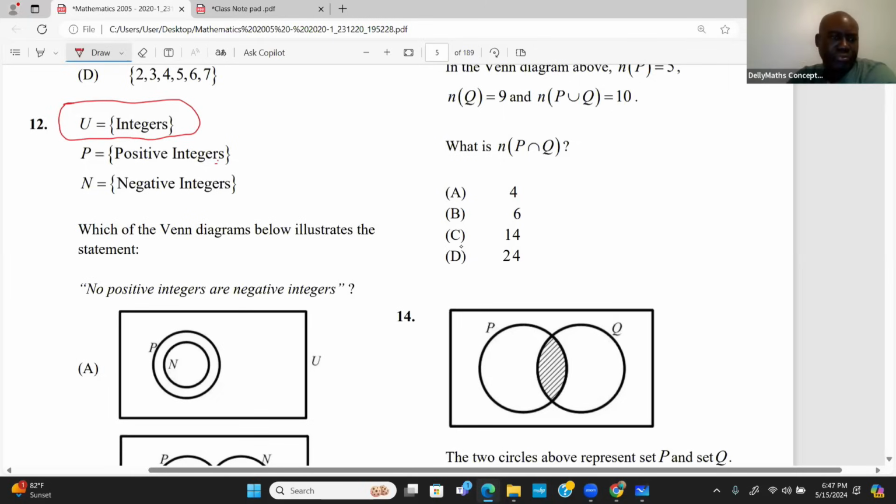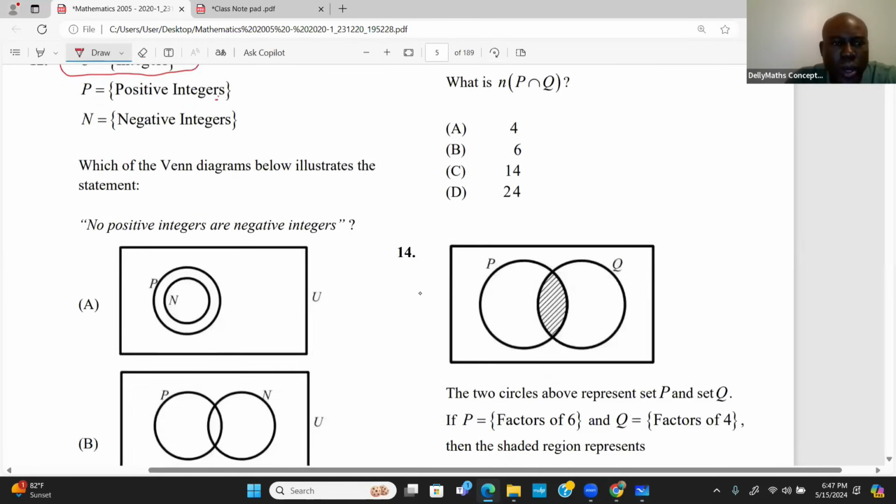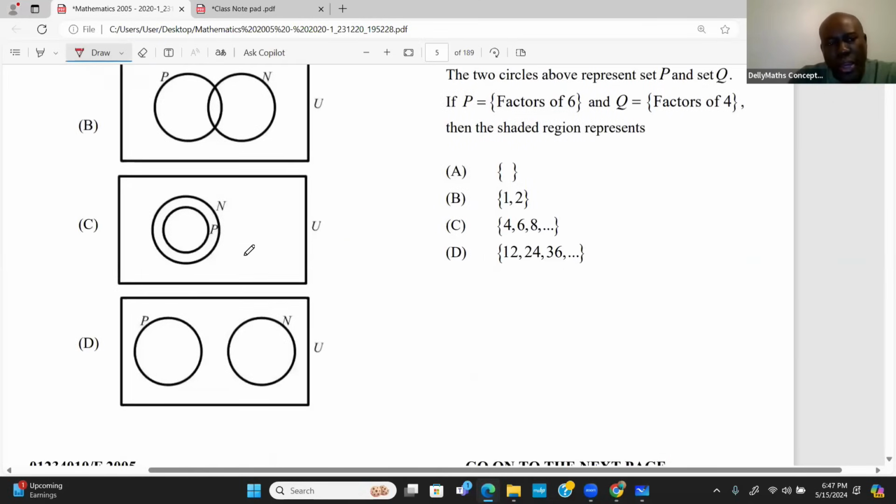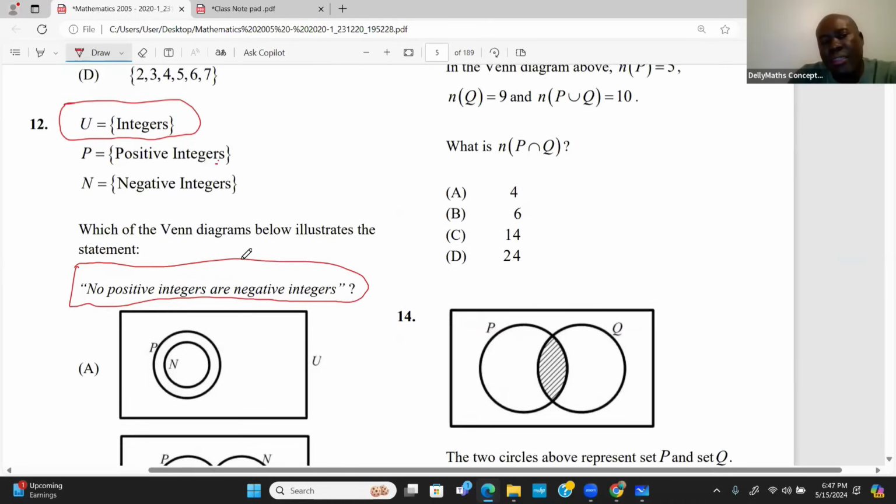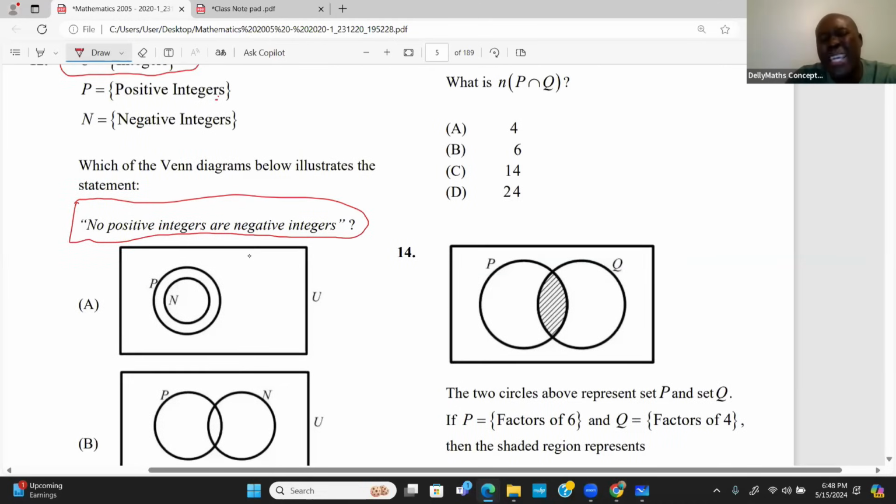Now, the question says, which of the following diagrams illustrates the statement? So you want to read and pick up. No positive integers are negative. So they're asking which one of these would demonstrate that these two things don't mingle.